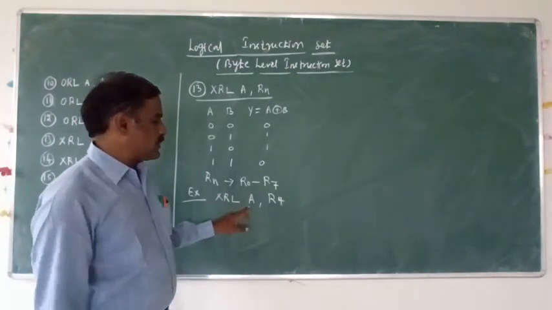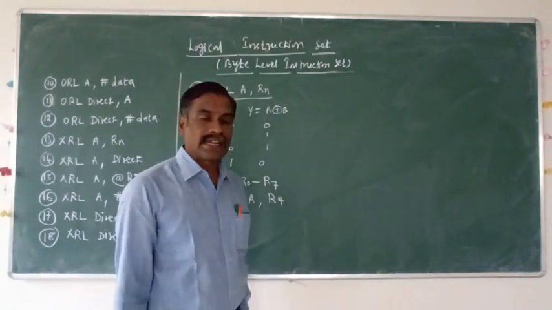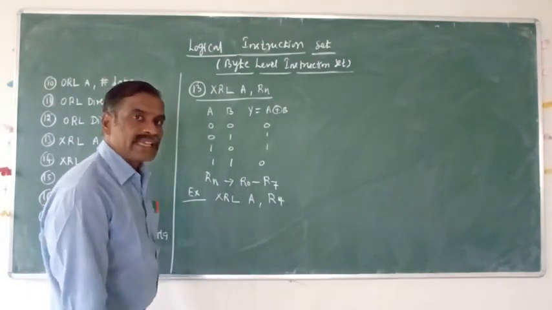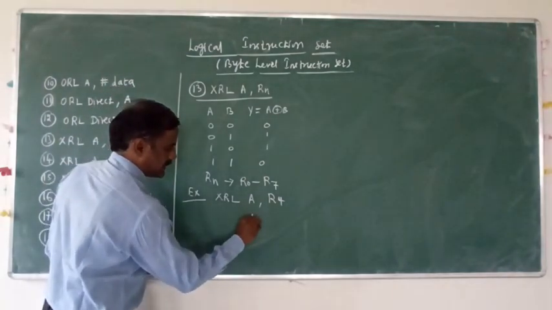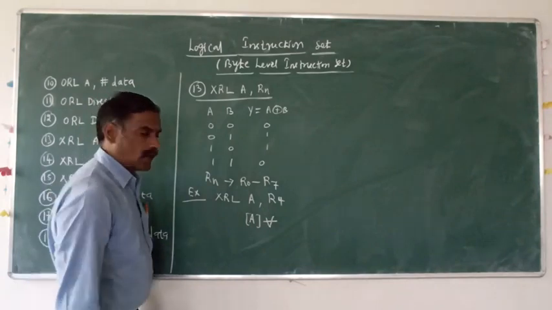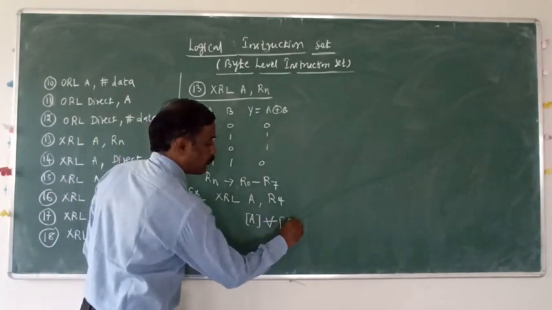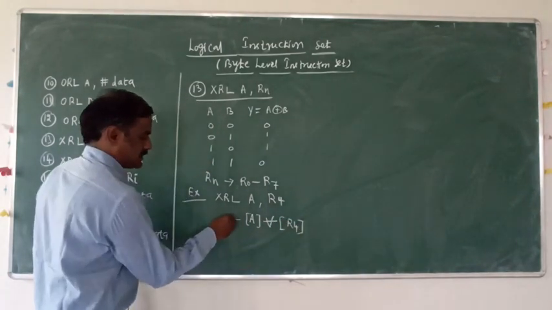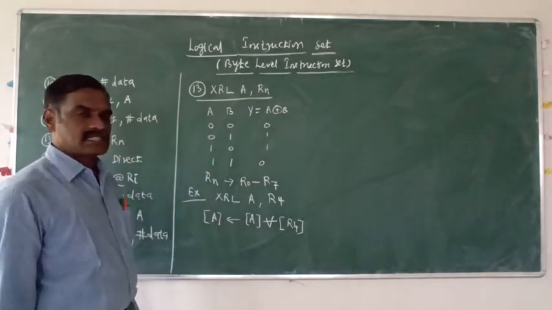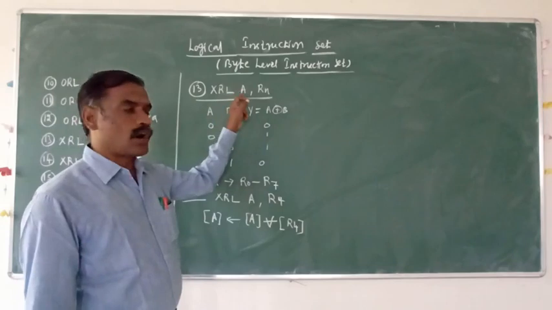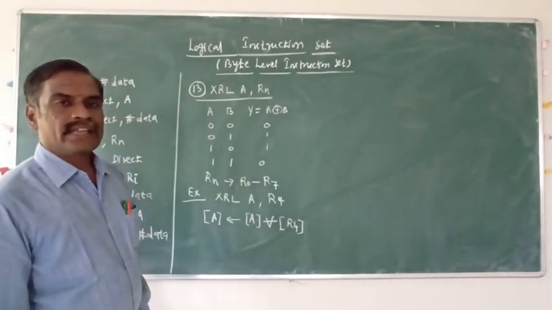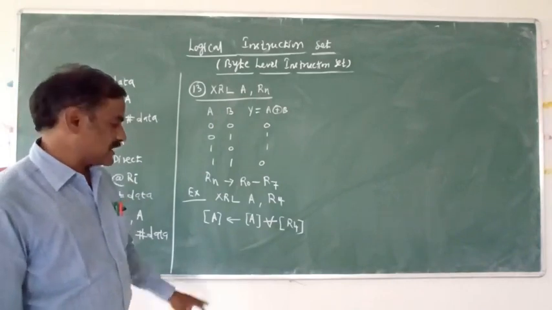Exclusive OR the accumulator with the R4 register, and the result moves to the accumulator itself. A register data with the symbol of exclusive OR with R4 register data, and that result moves to the A register itself.